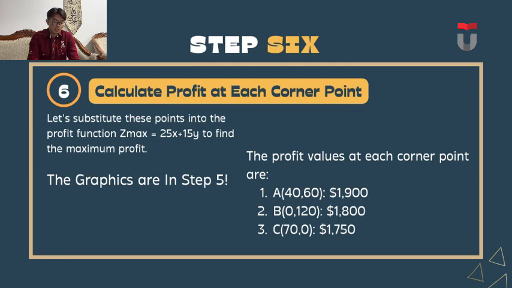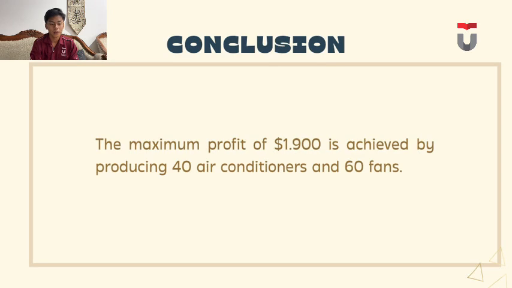And for C, point (70, 0), we got a profit of $1,750. So the maximum profit is at point A, which is $1,900.